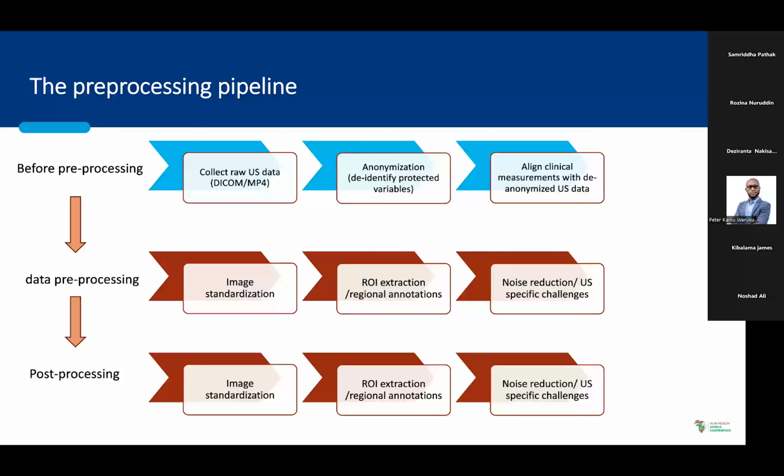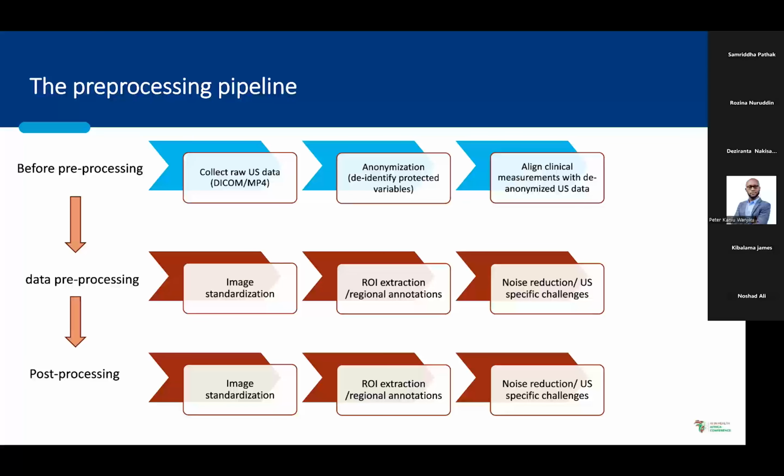For data preprocessing, you could do image standardization, because the ultrasound images may come from different devices, so they may have different resolutions, different pixel spacing, or other properties. You have to standardize all of those images to the same standards, so that a model can look at all the images in a similar view.